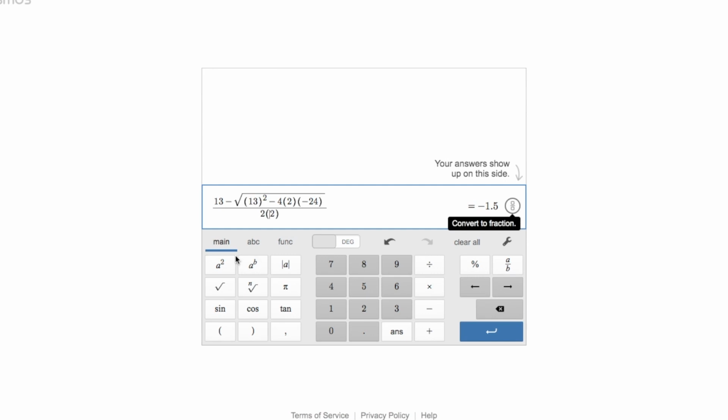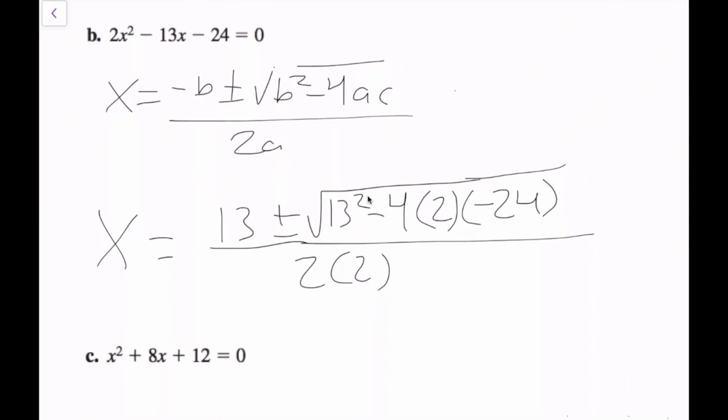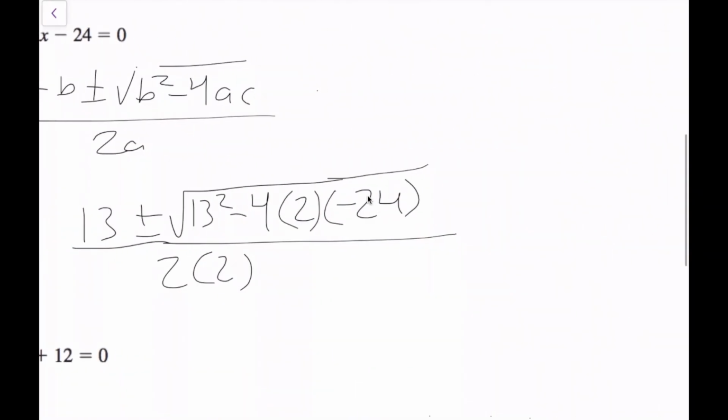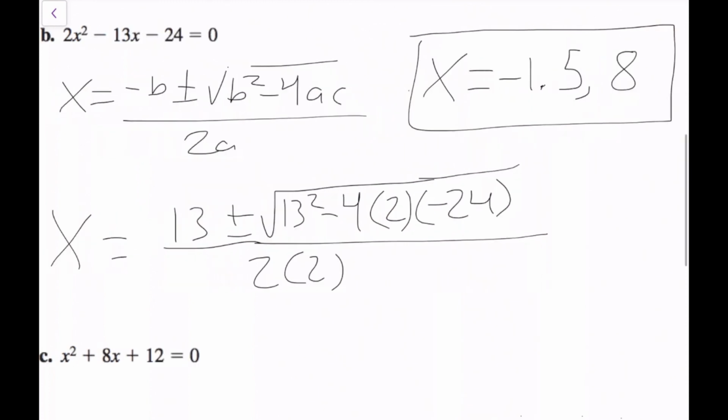And then if I change this minus to a plus, I get 8. So my two answers are, once again, 8 and negative 1.5. So I go back over here. I'll write down x equals negative 1.5 and 8. These are my two x values that solve this equation.